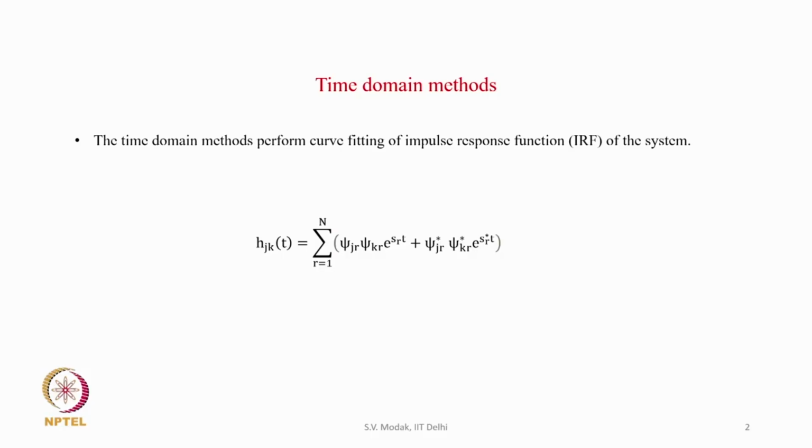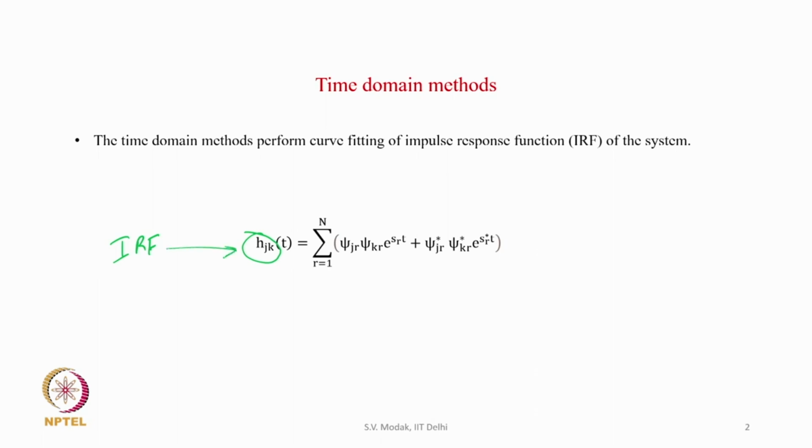So, this is the expression we derived earlier for a multi-degree of freedom system with non-proportional viscous damping. Here Hjk is the impulse response function, which is defined as the response at the jth coordinate due to a unit impulse applied at the kth coordinate.